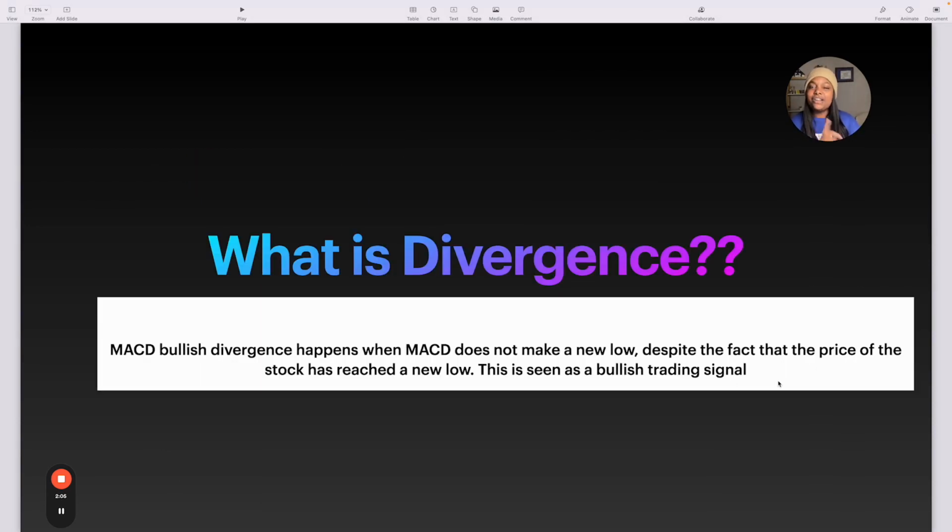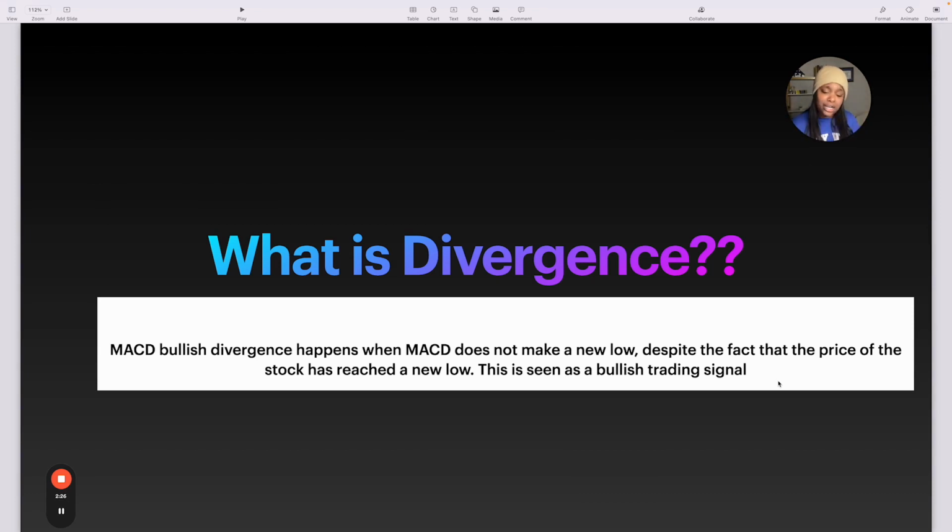Now, MACD and RSI will do this little thing called divergence. The word diverge just means when two things move apart. So when we're looking at MACD or RSI divergence, it's telling us that the price and the indicator are doing two different things. And we like for everything to be in one accord when we're getting ready to trade.